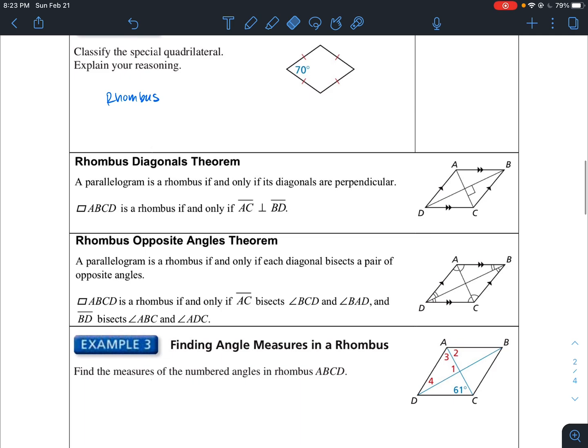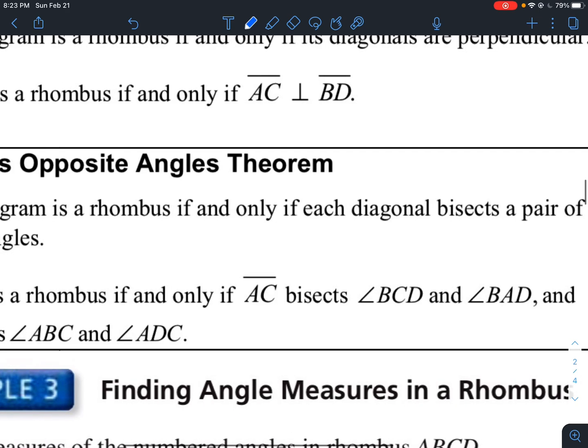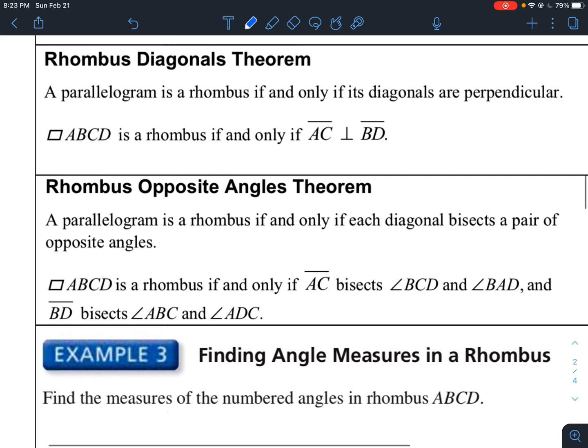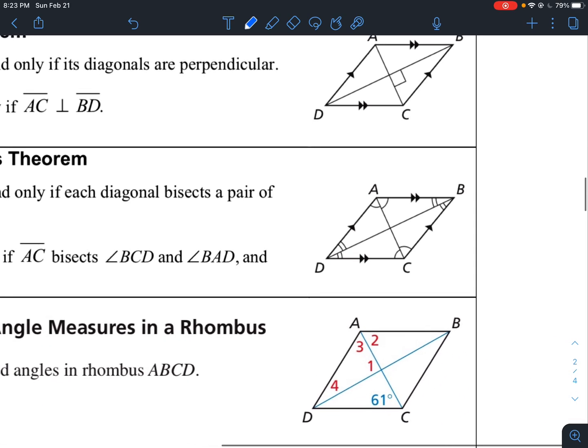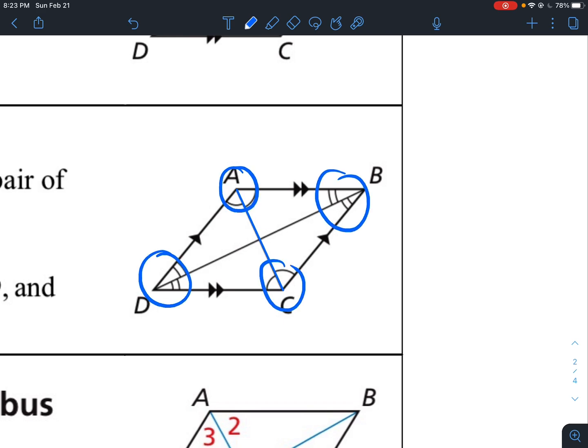And not only that, but a parallelogram is a rhombus if and only if diagonals bisect a pair of opposite angles. So in a rhombus, the diagonals will also bisect these angles. Every angle will be bisected by its respective diagonal.